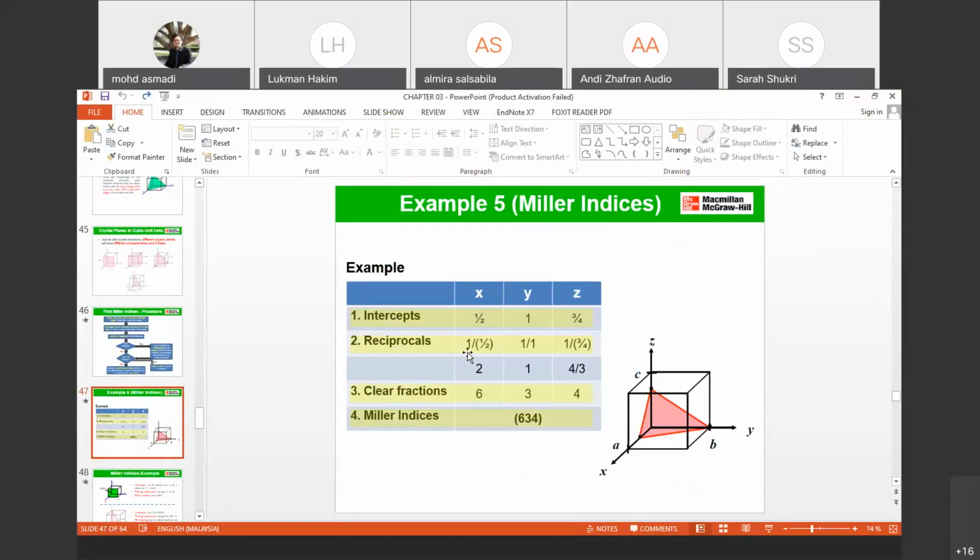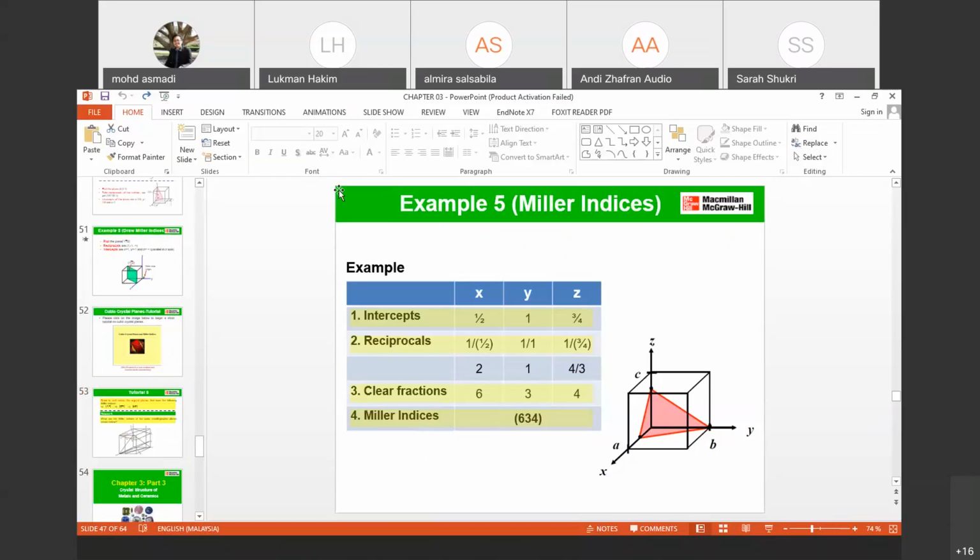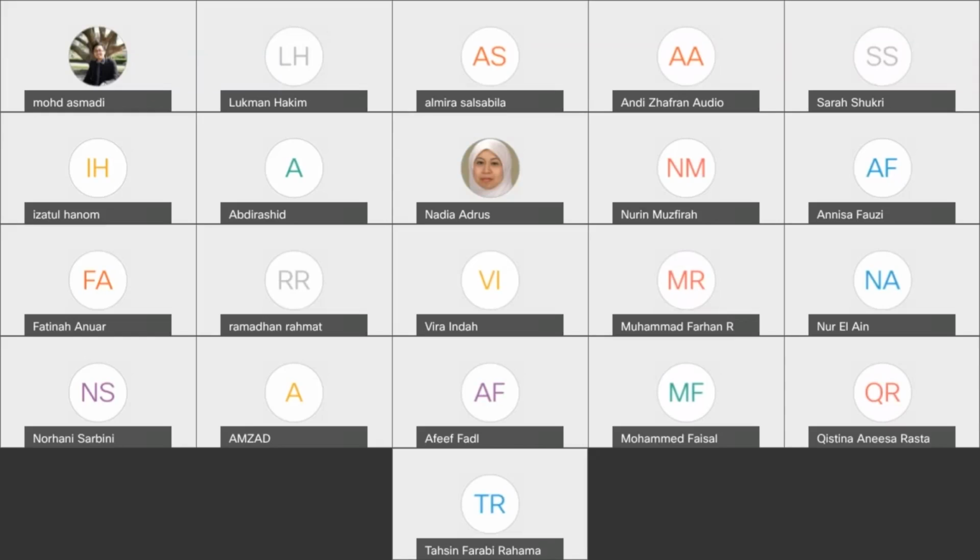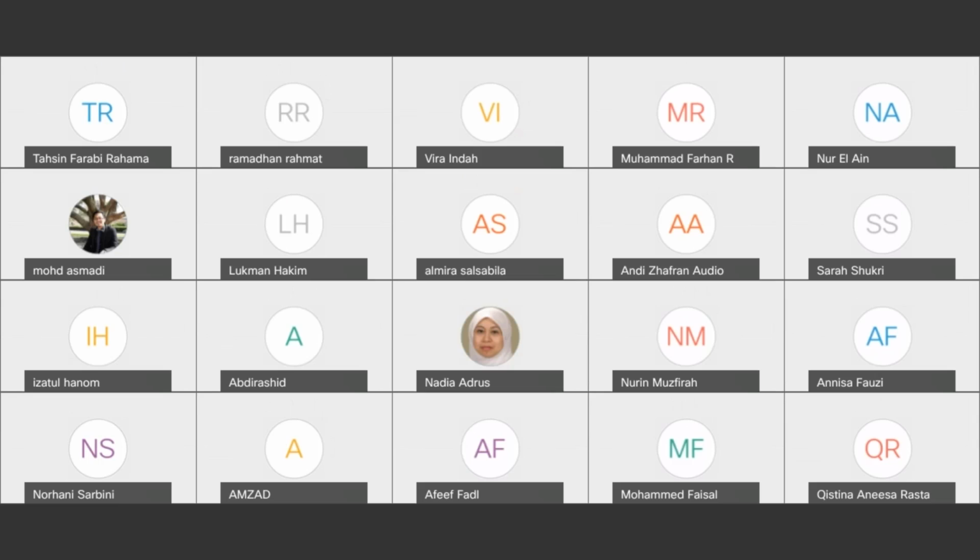It's given here, based on question B. Okay, what you have to do, where is it?